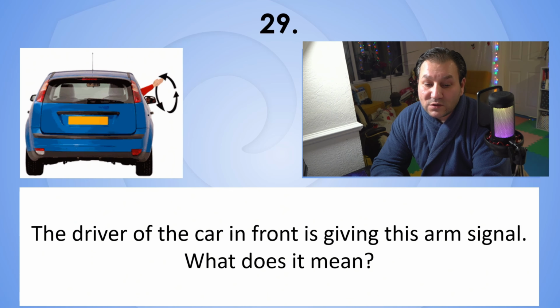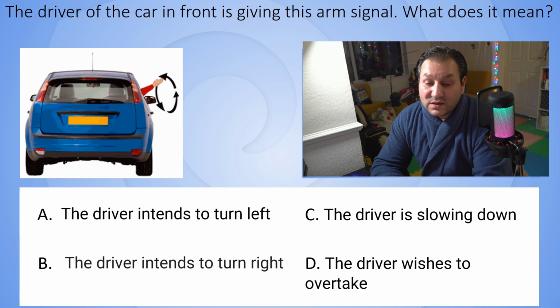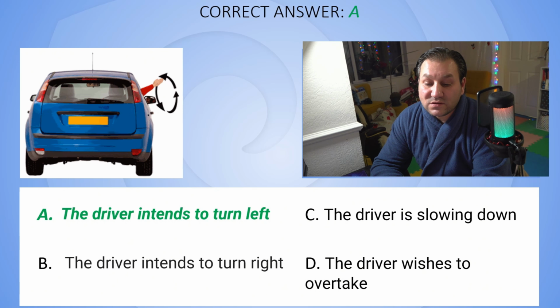29. The driver of the car in front is giving this arm signal. What does it mean? A. The driver intends to turn left. B. The driver intends to turn right. C. The driver is slowing down. Or D. The driver wishes to overtake. The correct answer is A. The driver intends to turn left.